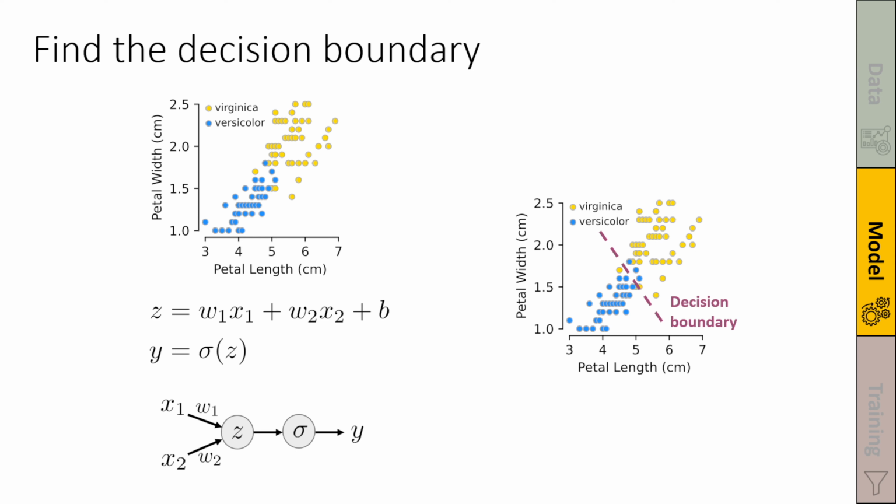So everything on one side of the line would be assigned to one class, and everything on the other side would be assigned to the other class. And finally, since we are only changing the number of inputs and nothing changes in the output, we can use the same cross-entropy loss that we've seen before as the objective function and use gradient descent to find all the parameters of this model.